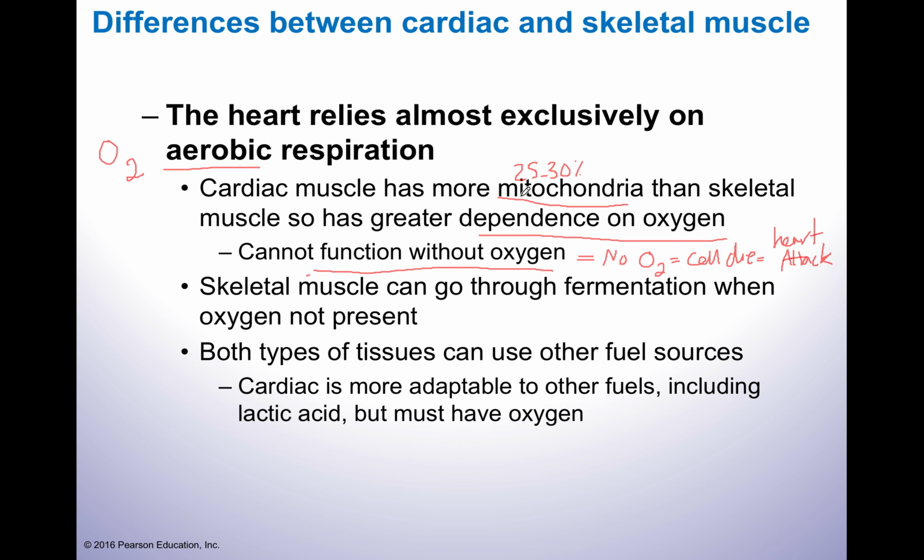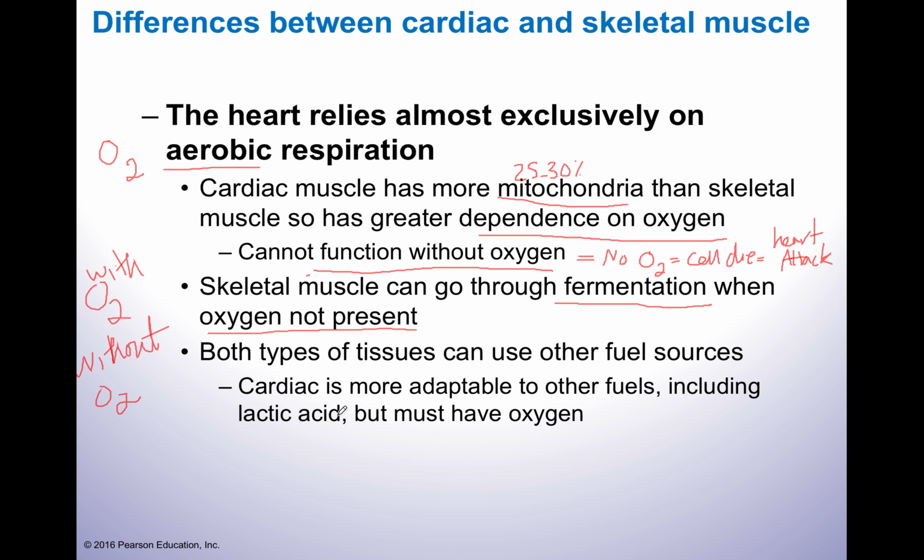A really cool fact about skeletal muscles, on the other hand, is that a skeletal muscle can undergo a process called fermentation when there is no oxygen available. So they can work with O2 or without O2. They're perfectly fine. They can last a very long time without oxygen, and they won't die immediately just because they don't get oxygen.